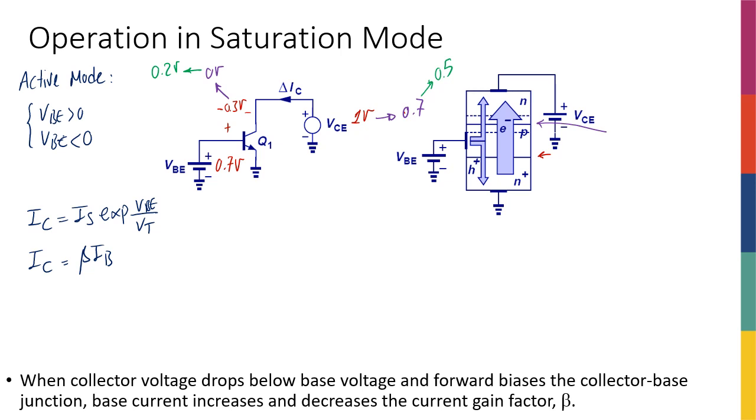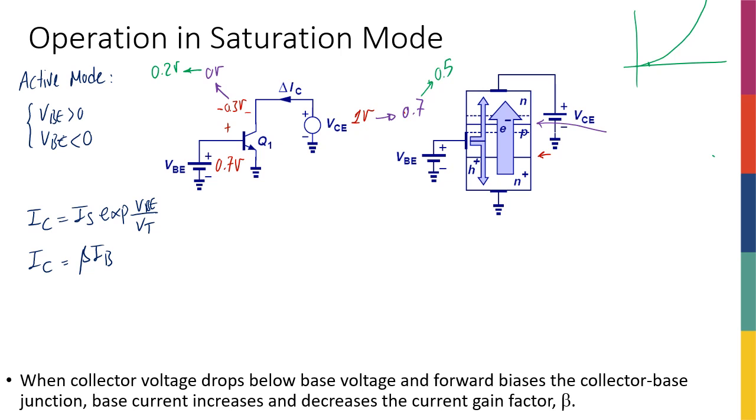But by our discussions up to now, for this exponential we needed at least somewhere around 0.7, 0.8 volts to have a decent amount of current flowing through this PN junction. So for 0.2, the current is still pretty small.